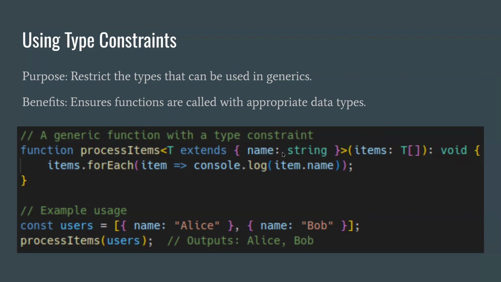Setting it like this ensures that the function won't accidentally be called with data that lacks the required property.